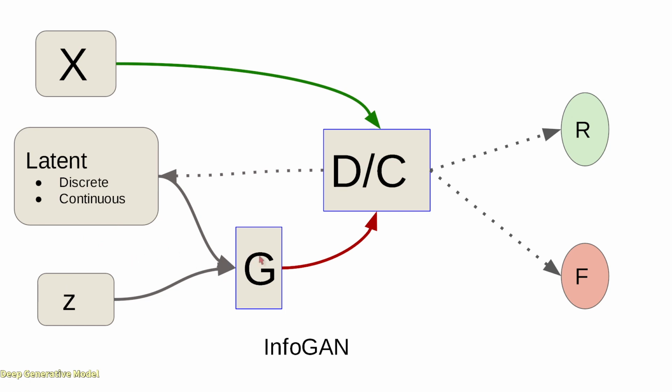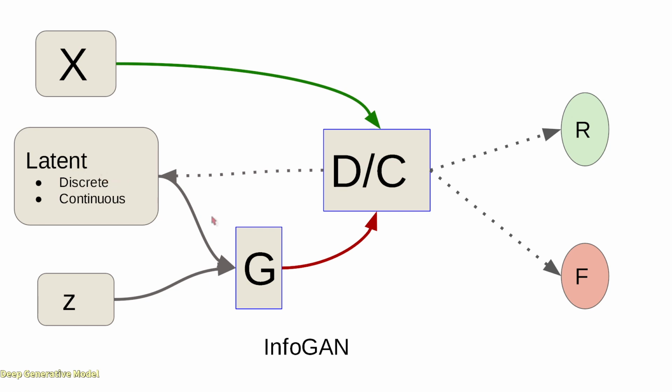So it wishes to efficiently use all the information contained in the latent, at least in here. What the classifier is doing is recovering the latent.